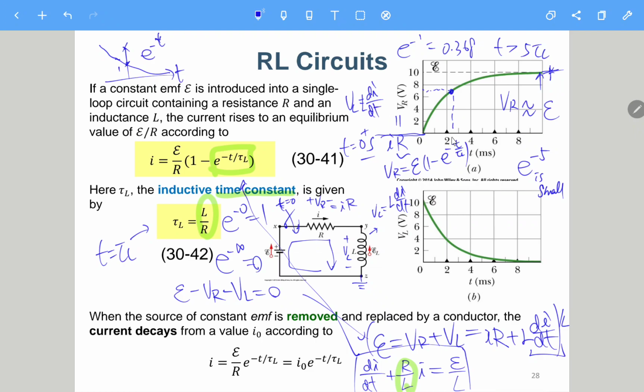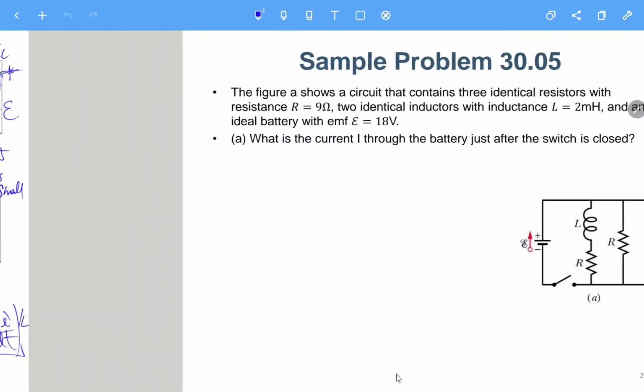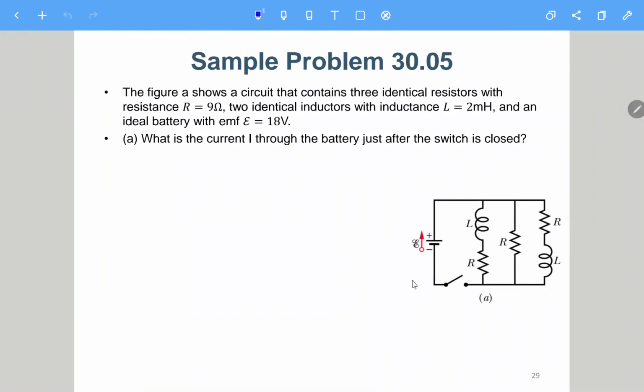I'm not really sure what that value is, but actually we can recalculate it. But this is out of the scope of this semester. But at least you know the current of the inductor should be continuous. So we may still use this equation, but later on I will tell you why after finishing this chapter. So here is a sample problem.